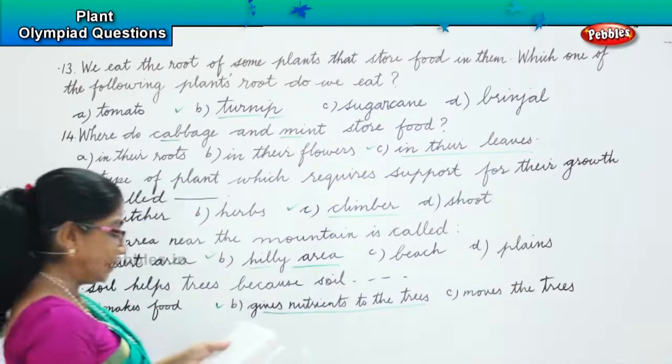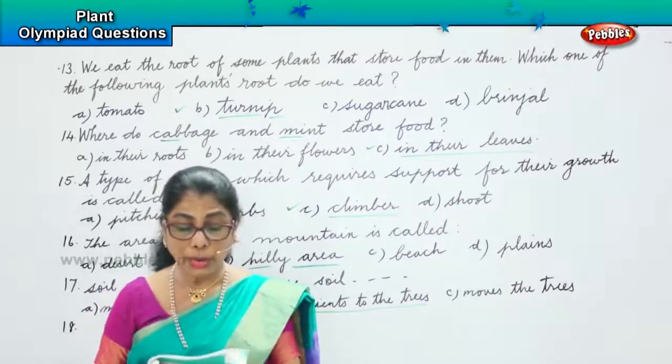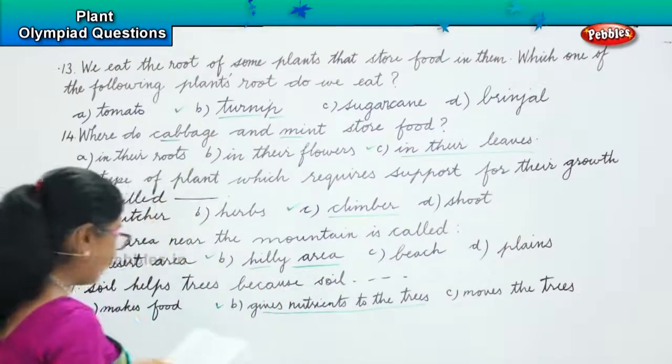Now, 18th question. Dash are known as food factories of a plant.